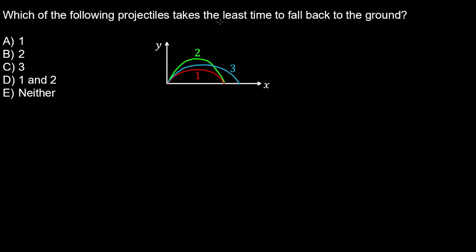Which of the following projectiles takes the least time to fall back to the ground? So using the vertical kinematic equation, the vertical velocity at the top of the trajectory is 0, and that's equal to the y component of the launch velocity minus the gravitational acceleration by time.